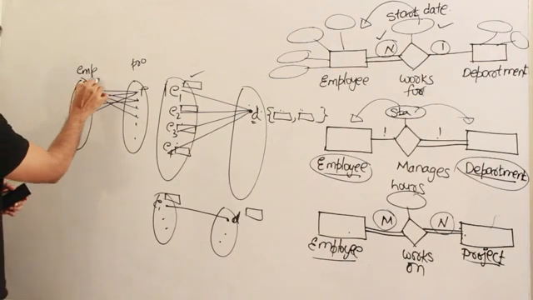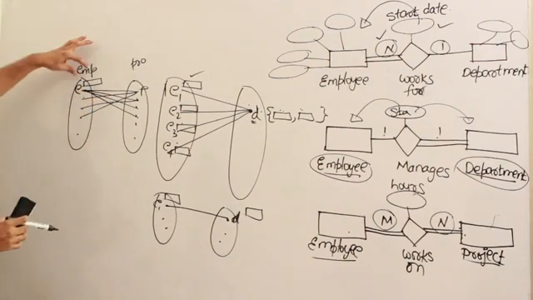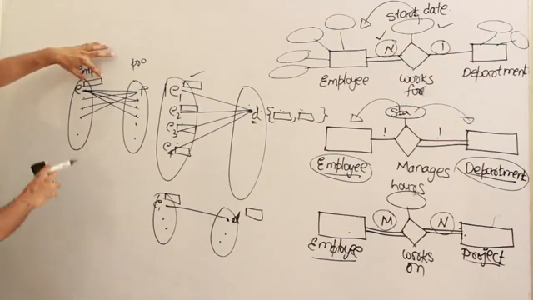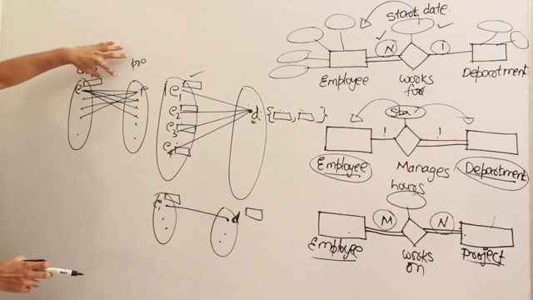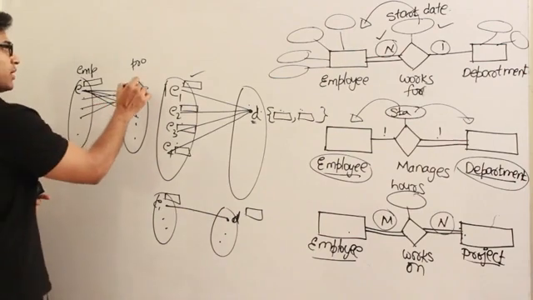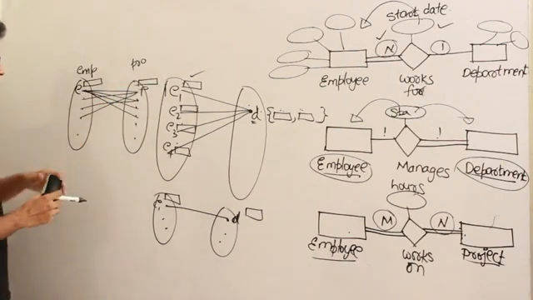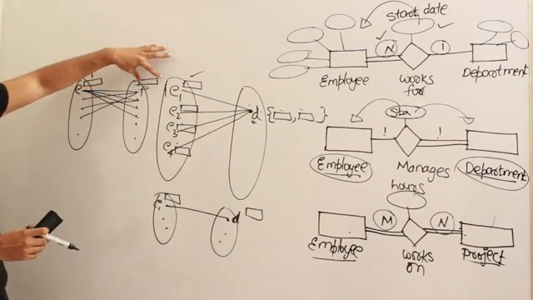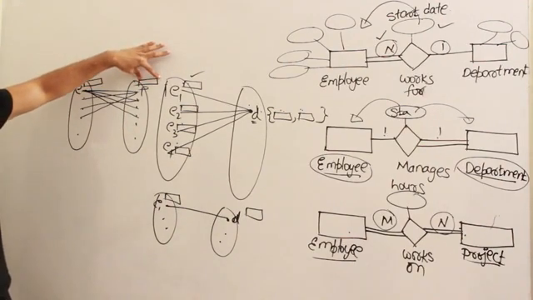Now if I put that information here, one piece of information is not going to be enough, because this particular employee is working on many projects. So I might have to put many numbers of hours, and it is not possible there. And moreover, I cannot put number of hours on the project side, because each project is having many employees. So if I put some hours here, it might correspond to employee 1 or employee 2 or employee 3.